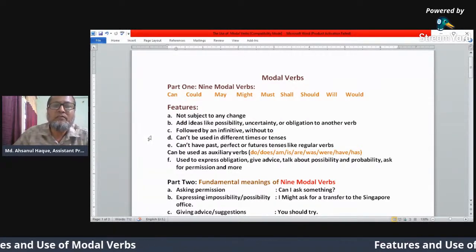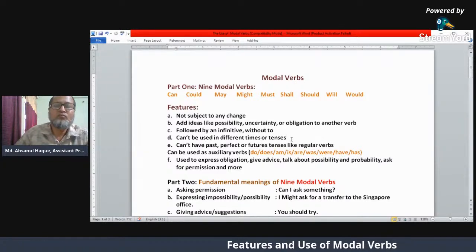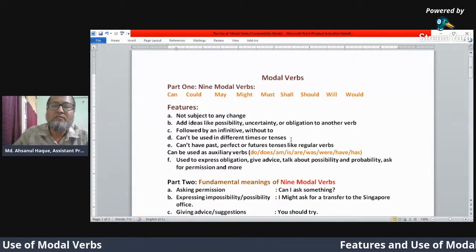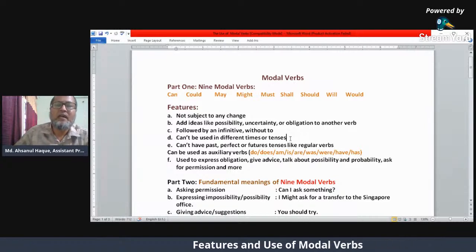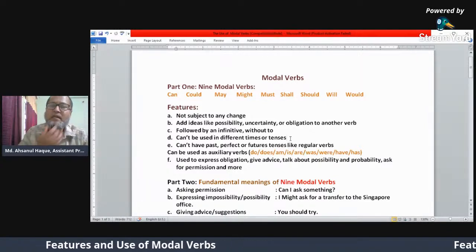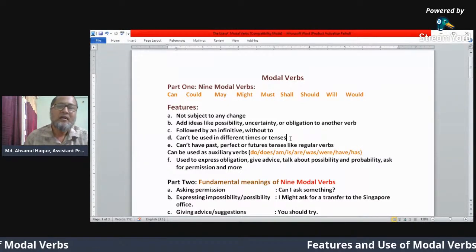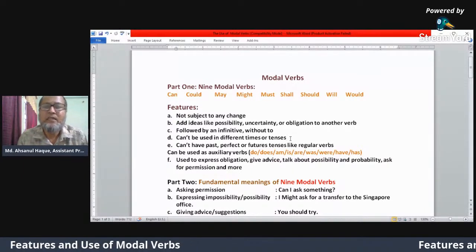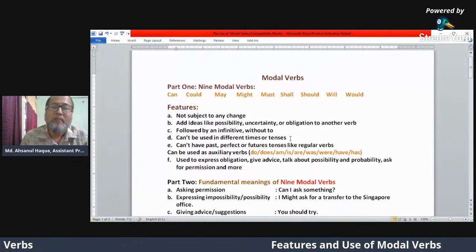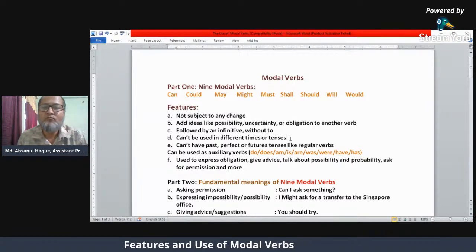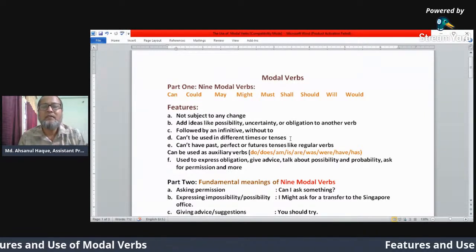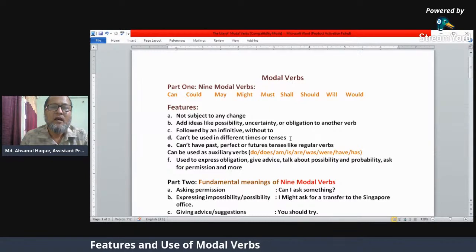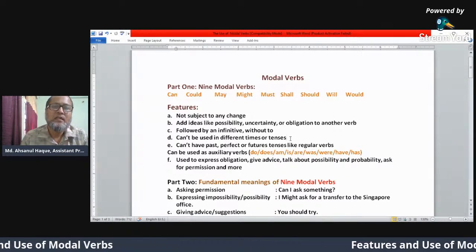Modal verbs can't be used in different times or tenses. We cannot use modal verbs to express different times or tenses, just like the regular verbs. We say he went there yesterday. He goes there every week. So this is how we change regular verbs to make different tenses. But we cannot make any changes in the modal verbs to make different tenses. Like, I will go there. It's future tense using will.